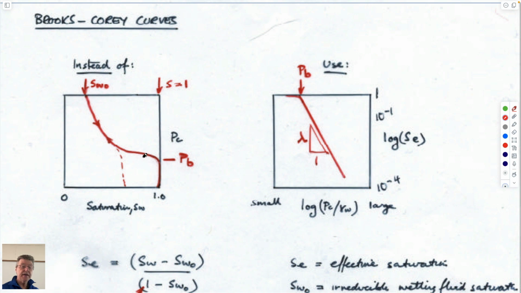I guess it's concave downwards, and then it's concave upwards in this case. It has this characteristic behavior. And it might be advantageous for us to define this by an expression which is easier for us to define. And so Brooks-Corey relationships are exactly that.